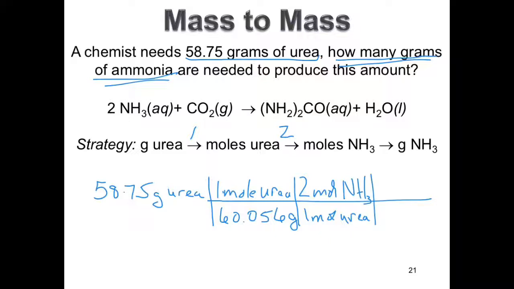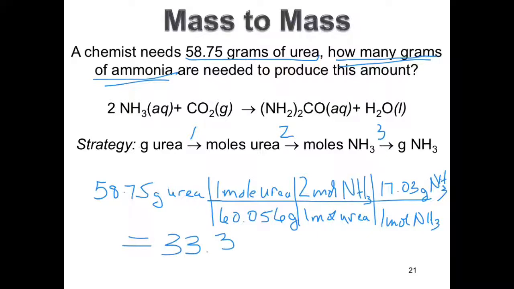The last step is to take moles of ammonia to mass of ammonia using the molar mass of ammonia. And the answer is, to the correct number of significant figures, 33.32 grams ammonia.